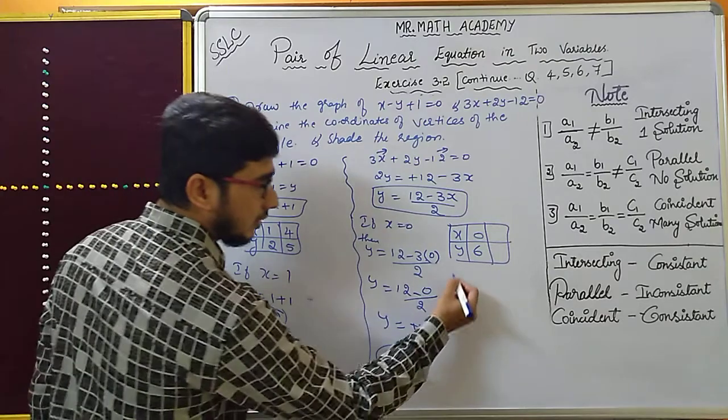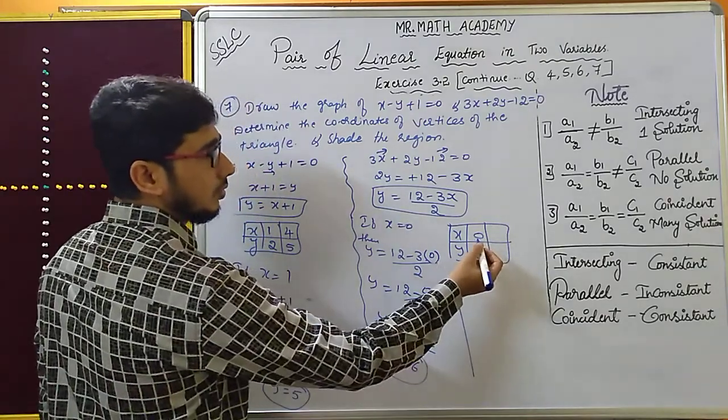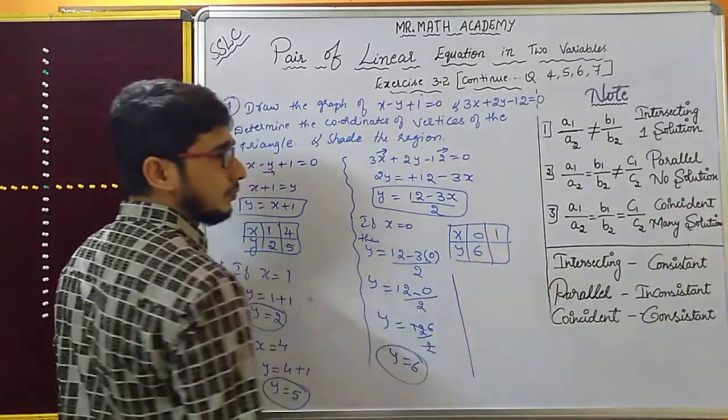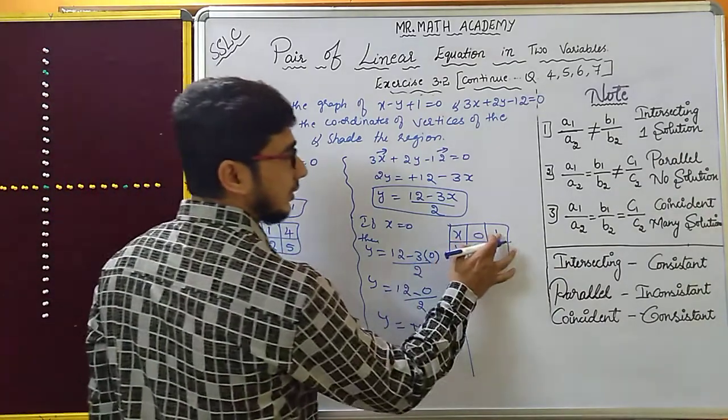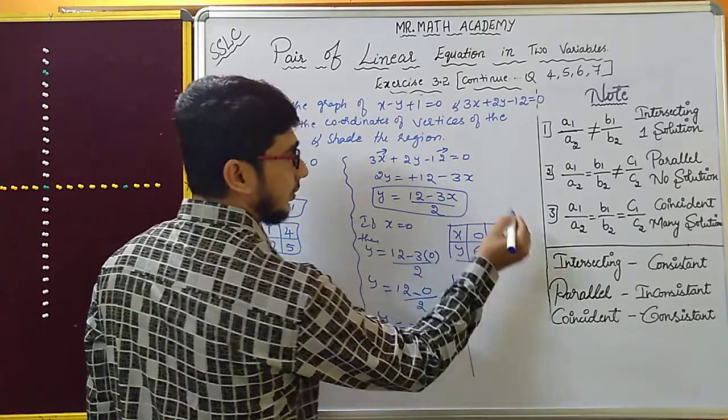I will take another number. 1 I take. If I take 1, 3 ones are 3, it won't divide well. I will take 2 instead, it will be very helpful.